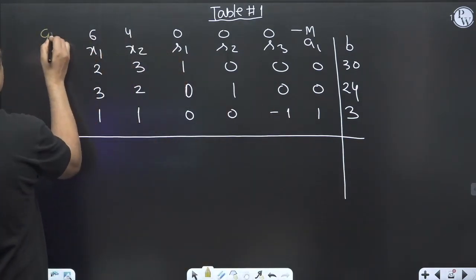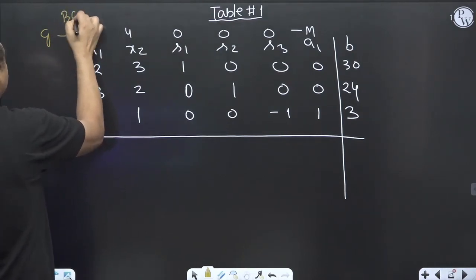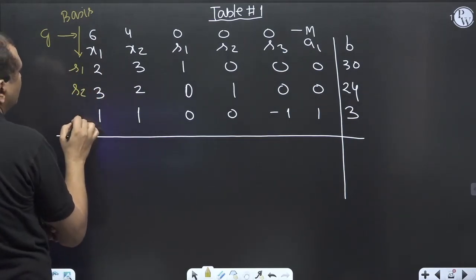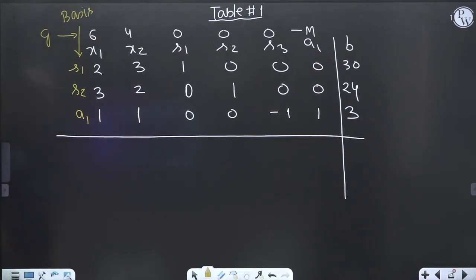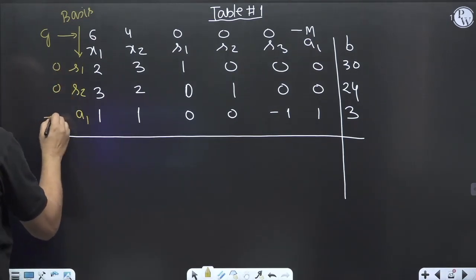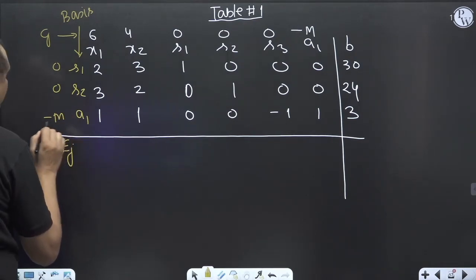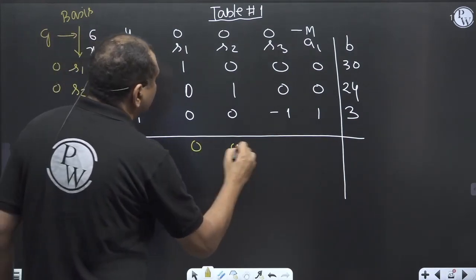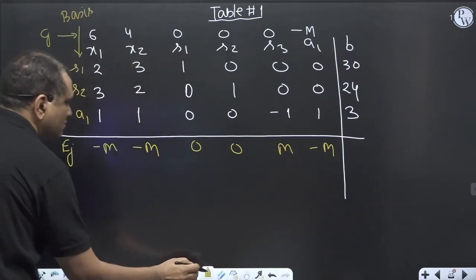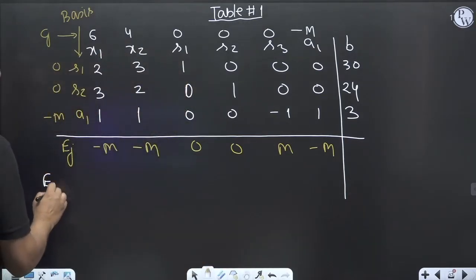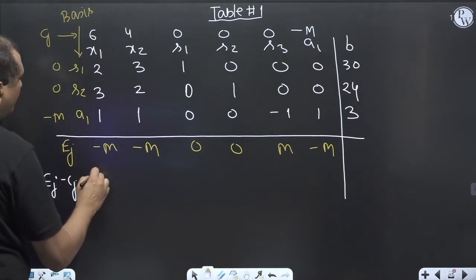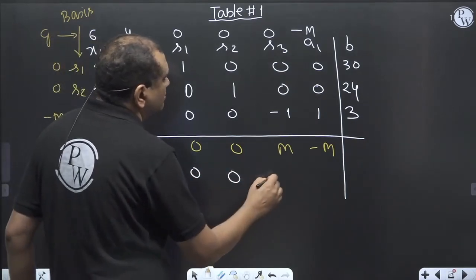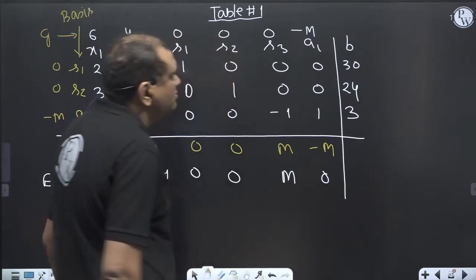Now this is Cj, and my basis will be in this direction: S1, S2, and A1, with costs 0, 0, minus M. So Zj will be minus M, minus M, 0, 0, M, minus M. Then Cj minus Zj: M plus 6, M plus 4, 0, 0, minus M, 0.